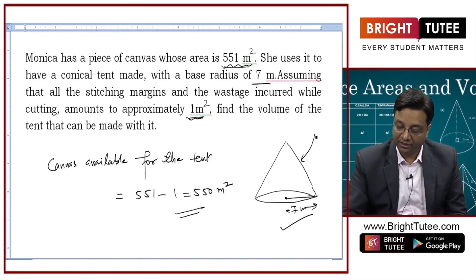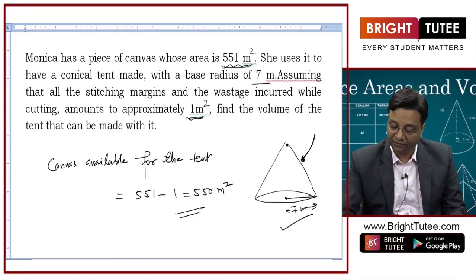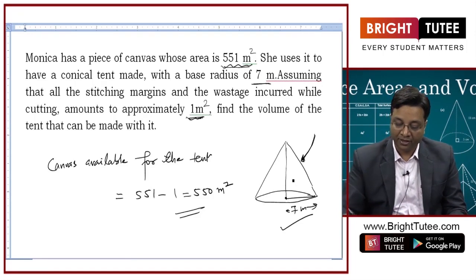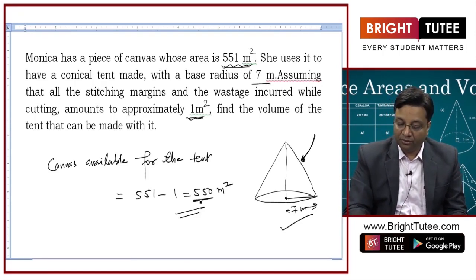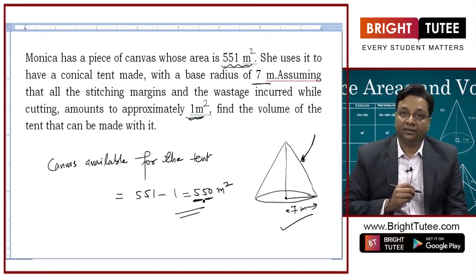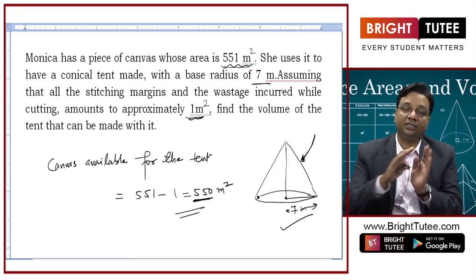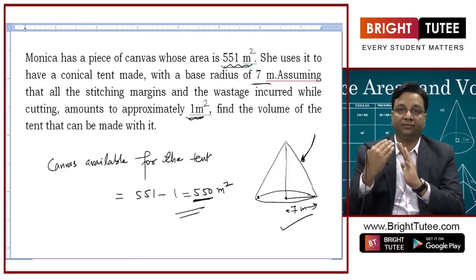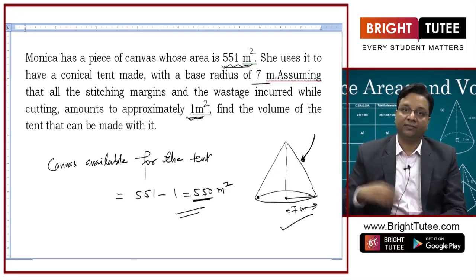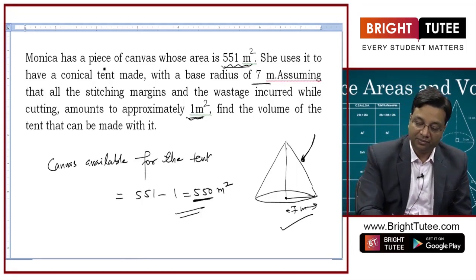We require this curved surface area only. So, the curved surface area of this tent will be equal to this area here. I hope you got this point, because we do not require the base while making the tent, we just need the curved portion, right. So, the curved surface area is made up of this piece of canvas.